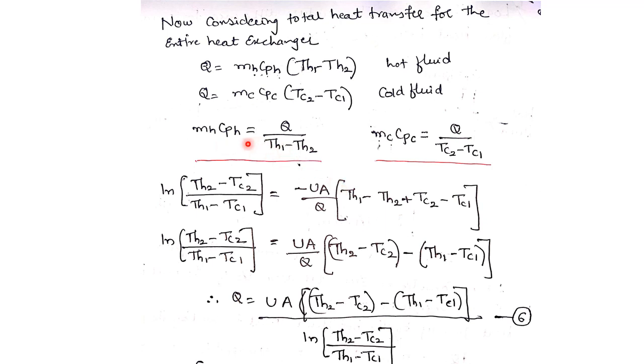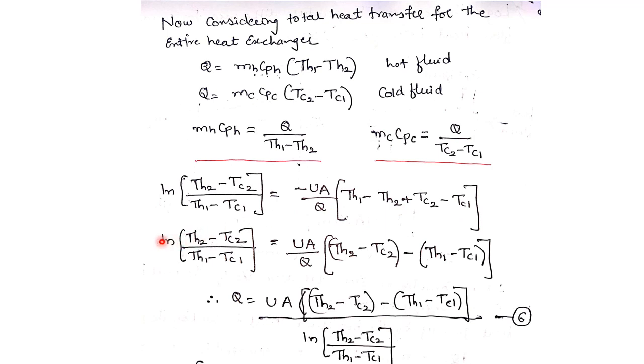So 1 divided by mH into CPH I will write in this form, that is TH1 minus TH2 divided by Q. Then 1 divided by mC into CPC becomes TC2 minus TC1 divided by Q. In both the terms Q is common, so I have taken Q outside, minus U into A divided by Q in the bracket TH1 minus TH2 plus TC2 minus TC1.